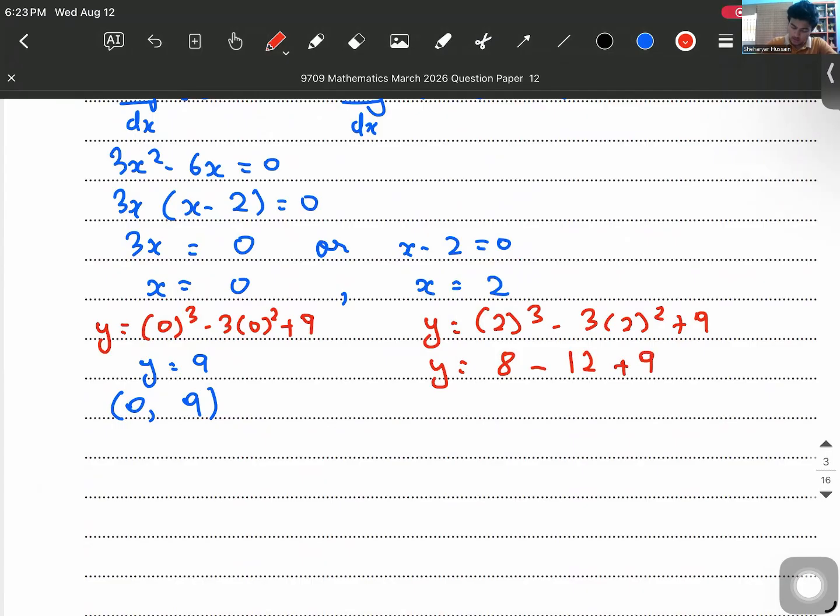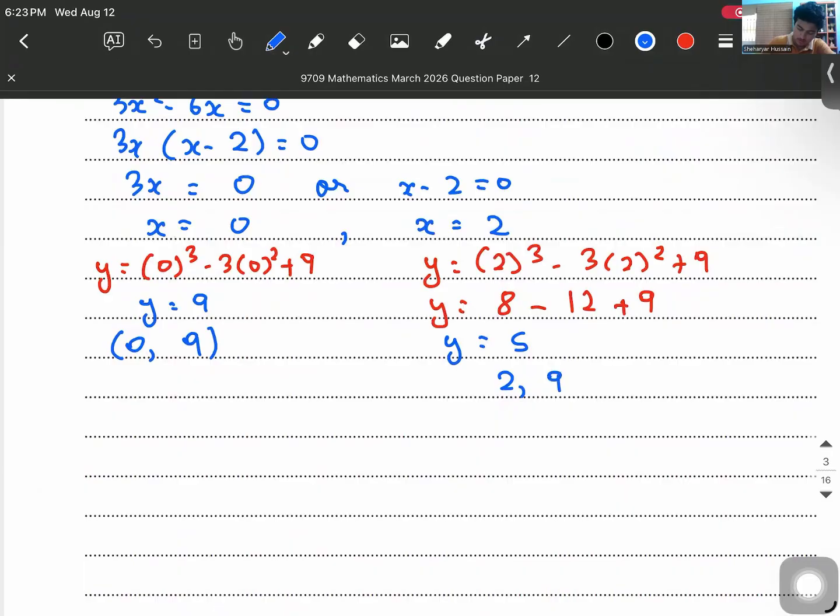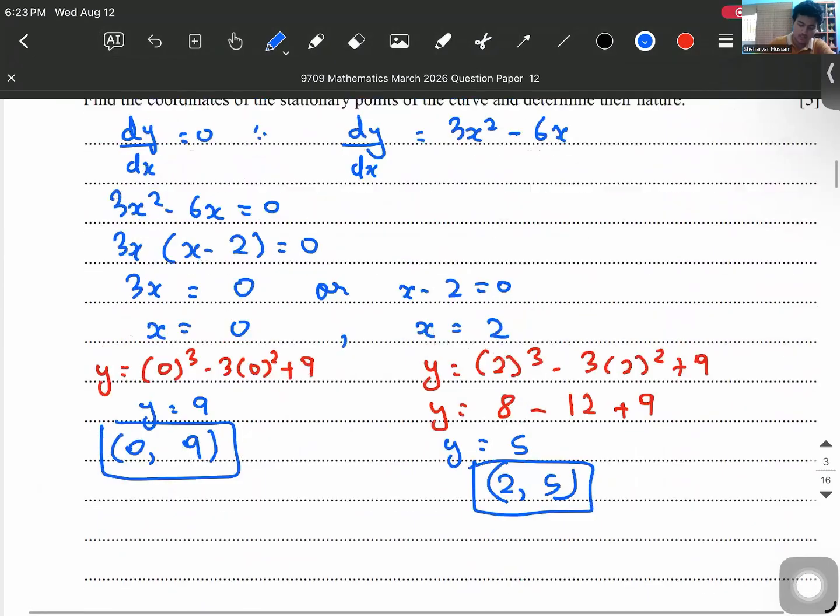So 8 minus 12 is negative 4, plus 9 is 5. So y equals 5, and the other coordinate is (2, 5). Sorry, my bad. And that is your answer for the coordinates of the stationary points.